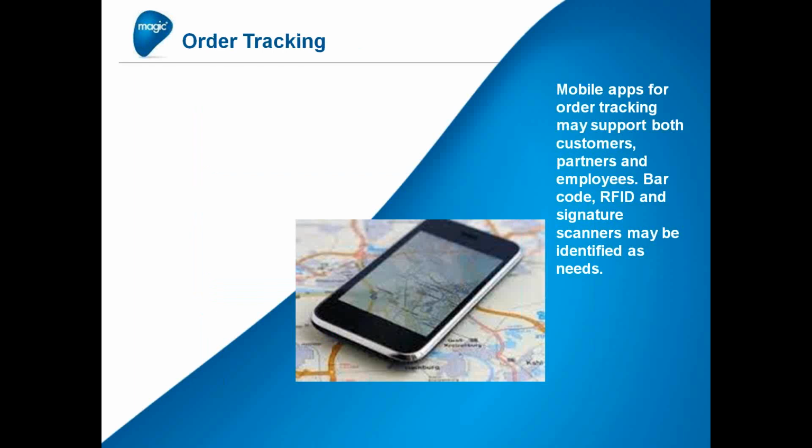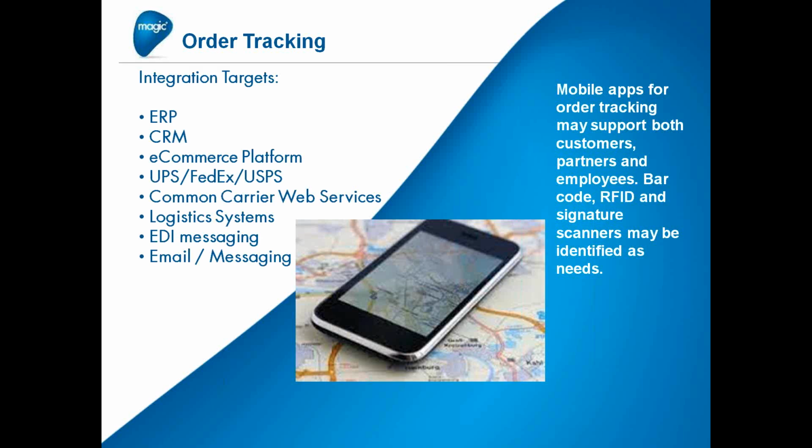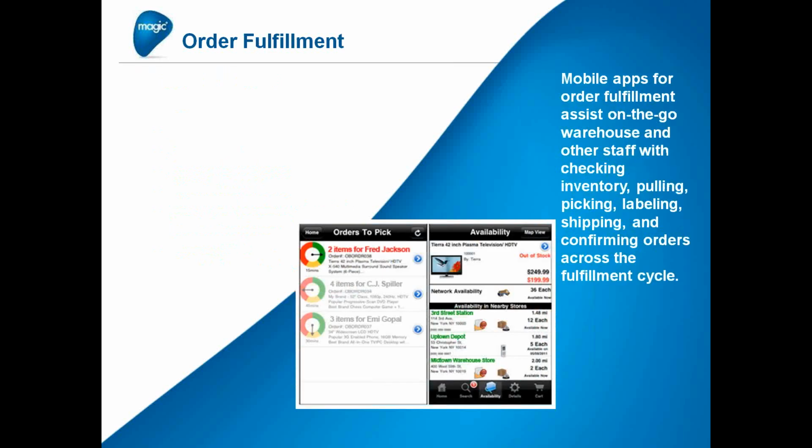Some of you are looking for ways to do order tracking, highly related to your Salesforce processes, and also to be able to do sales order entry. And there are a number of integration targets for this that people are looking at. All of these can be handled by the Magic XPI integration platform and then served up on the mobile device using Magic XPA technology, order fulfillment, and so on.